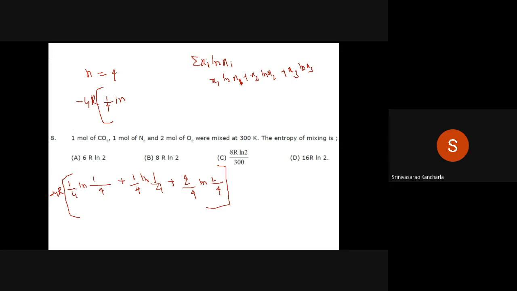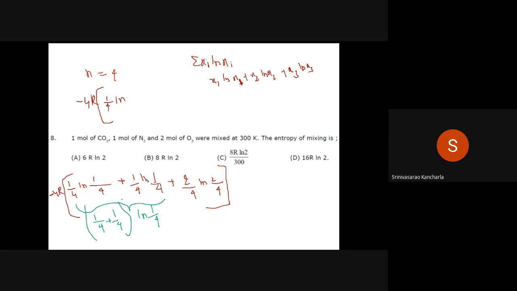First, try to combine these two terms. ln 1 by 4, you can write it as 1 by 4 plus 1 by 4 times the natural log of 1 by 4.